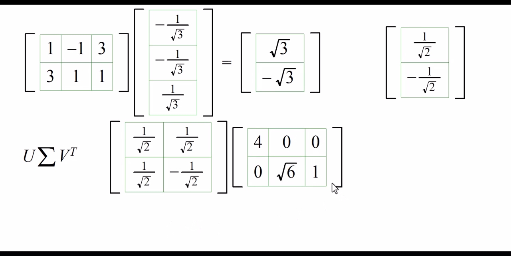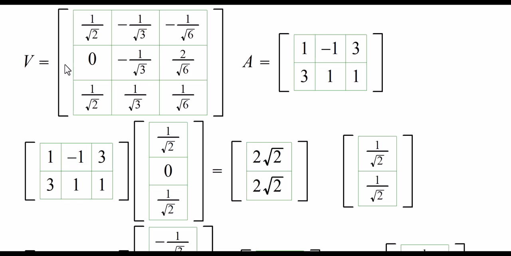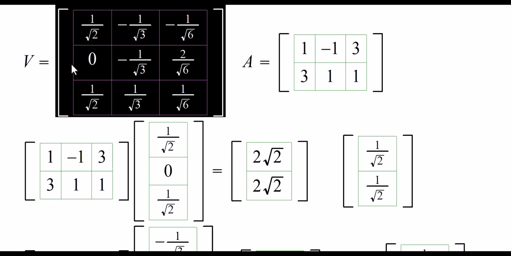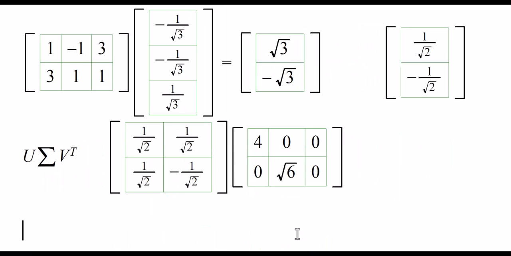All right, so this is in the main diagonal here, and then what we will do is write the transpose of this matrix at the end, and that will complete that factorization for us.